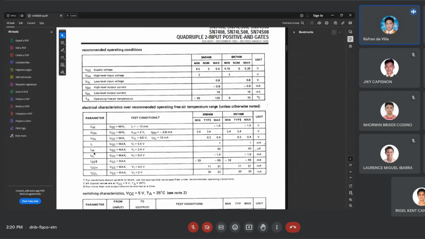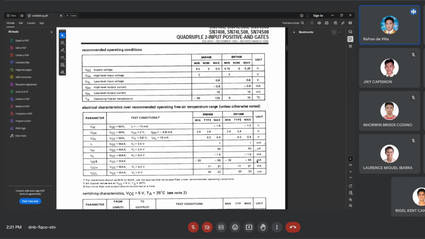You can also identify a high current or a low current, and if you look at the values, the difference is huge. For current output high, it is 40 microamperes. For current input low, it is negative 1.6 milliamperes.